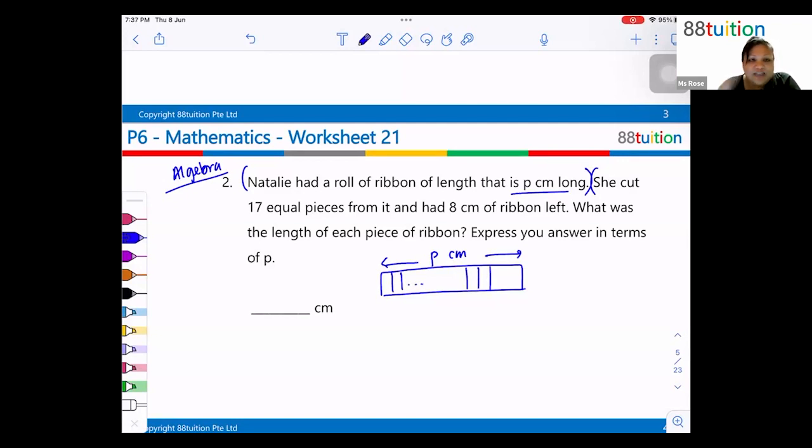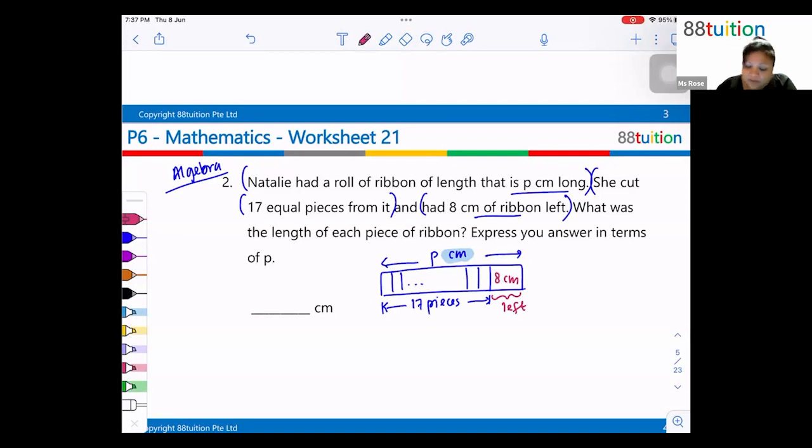After she cut 17 pieces, she had 8 cm of ribbon left. Take note, the length is in cm, so what's left is also in cm. You don't need to change anything.